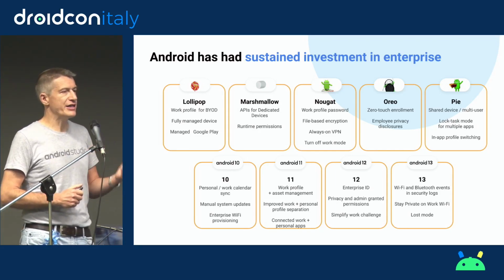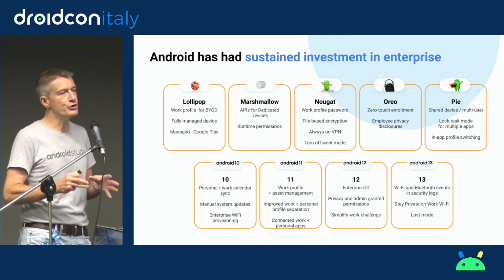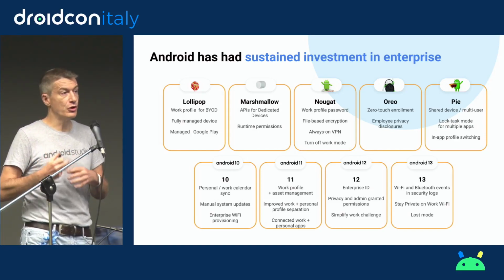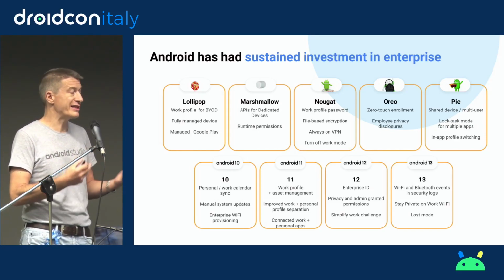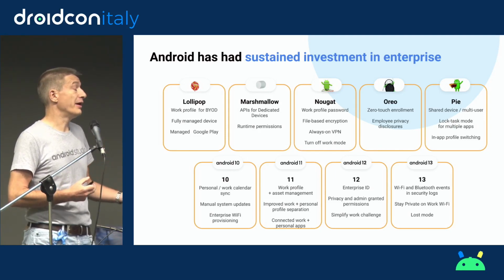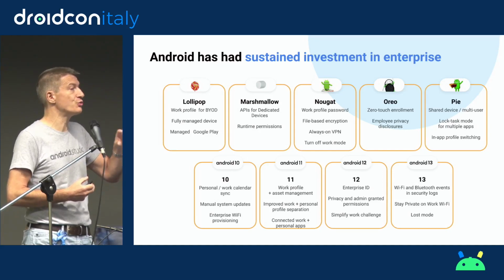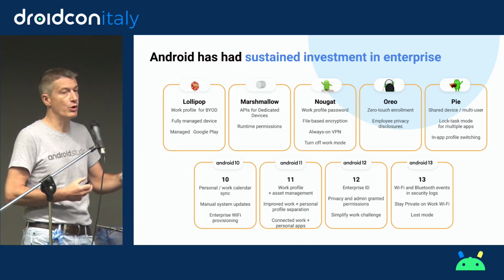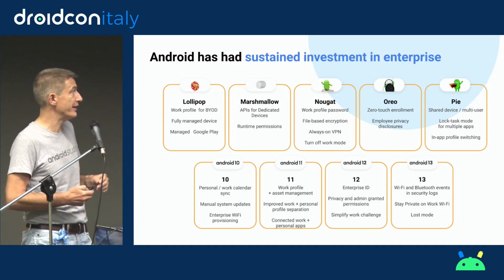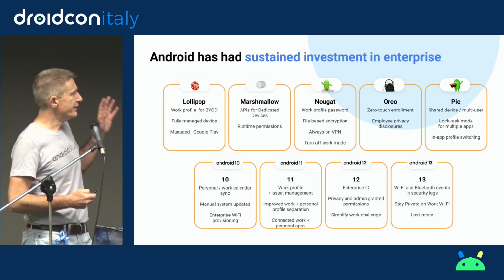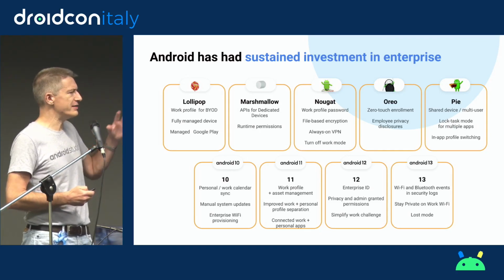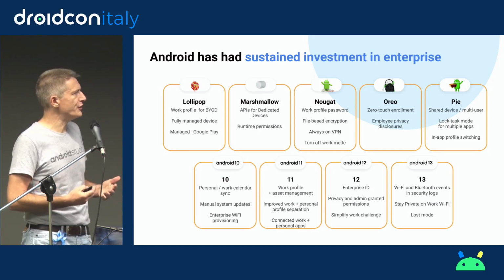And then you have the managed Google Play: how to use the infrastructure from Google to deploy applications at scale for enterprises in a managed way, where an enterprise can choose which applications to make available in the work profile or on a fully managed device. Then we have different API iterations and some additional features.